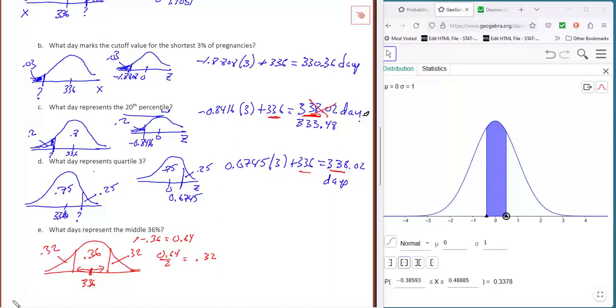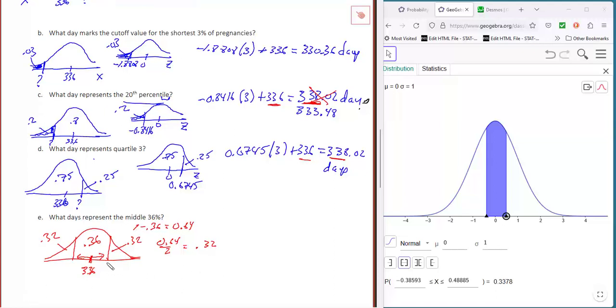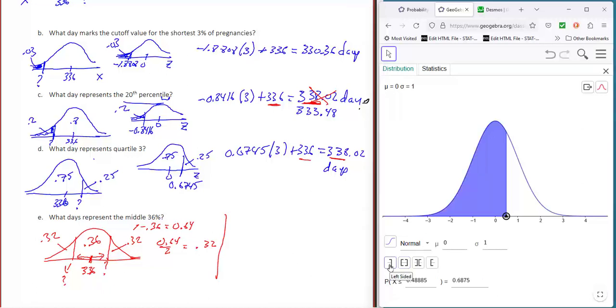All right, so we're going to have to find two numbers here, because I want to find the middle, what days represent the middle 50%. So I need to find really what the question is, what is this value, and what is this value? Okay, capture the middle. The good news is you're only going to have to do the finding part once. So I'm going to find this z-score first.